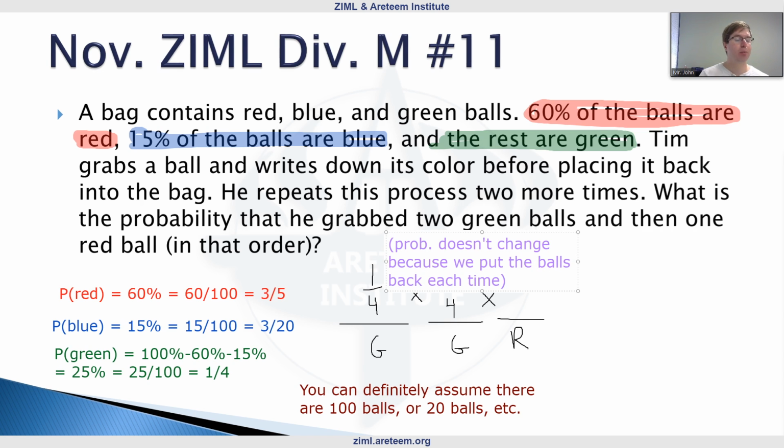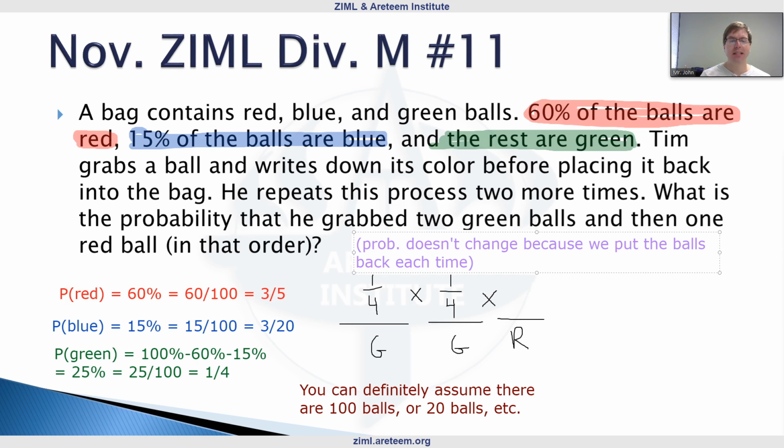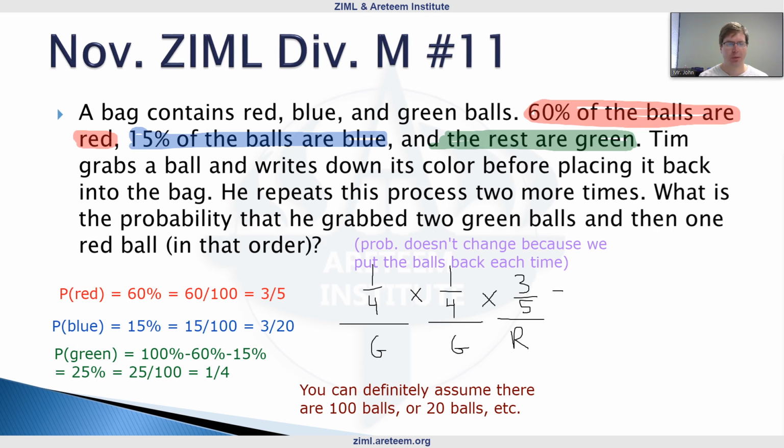So that's important to think about here. As an extra question in chat really quickly, could you do this if you didn't know that the ball was put back each time? Is the question possible if we don't have that information? As I'm multiplying these out, nothing cancels, unfortunately. We have 4 times 5 is 20, times 4 is 80, so we have 3 over 80.